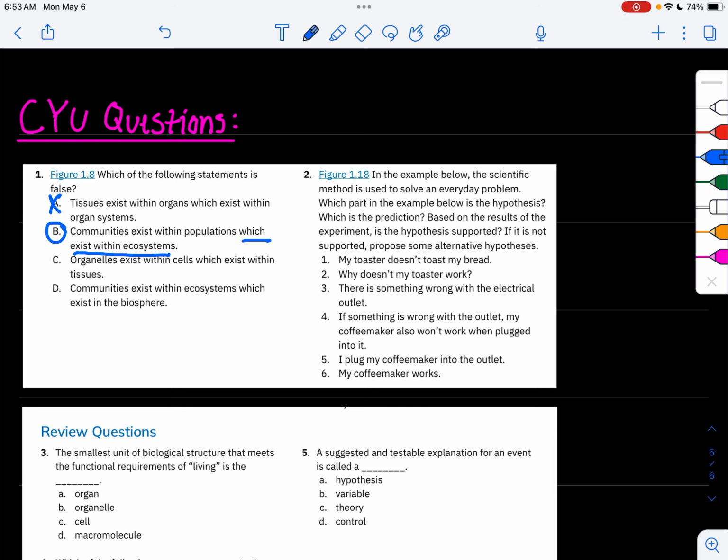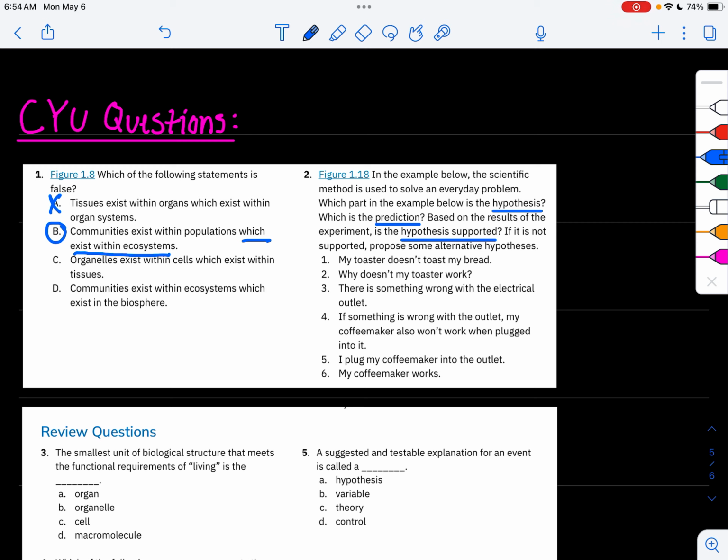So the question is asking us which part of the example below is the hypothesis, which is the prediction, and based on the results of the experiment, is the hypothesis supported? So I'll give you some time to work on that.